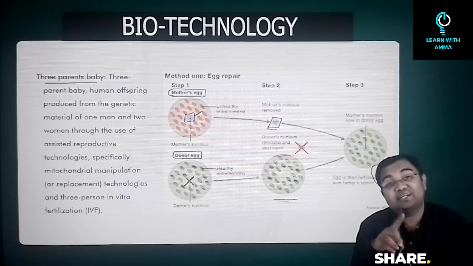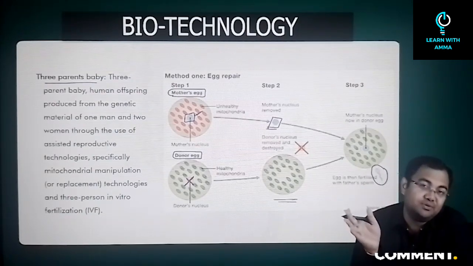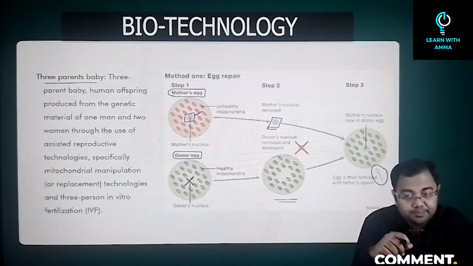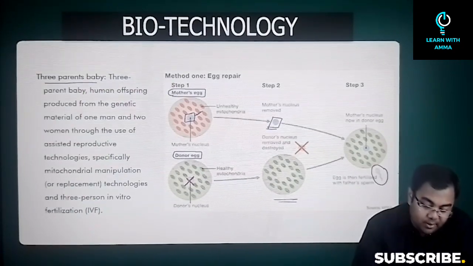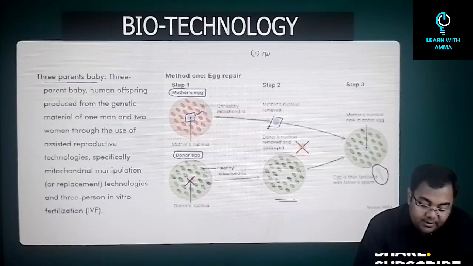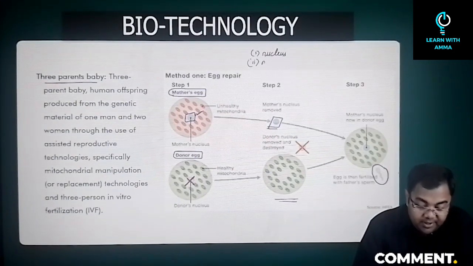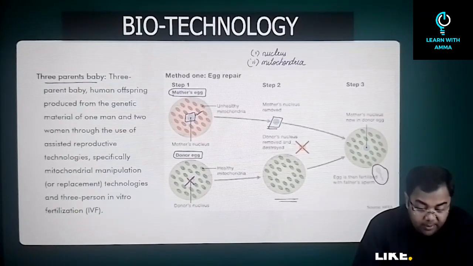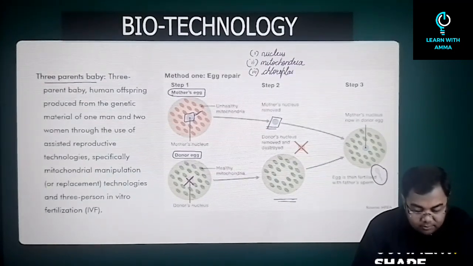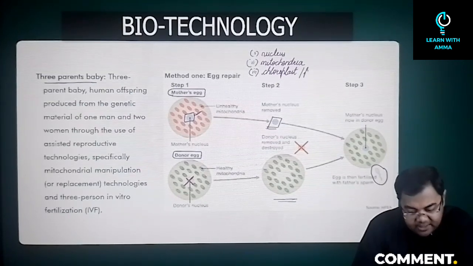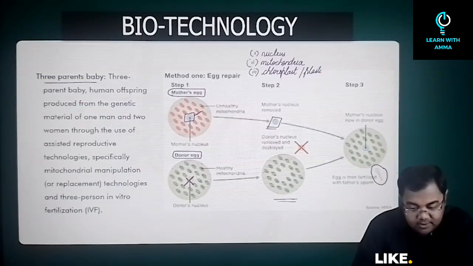Now this is another question that has come in the past, way back. I think it was the 2004 prelims examination when this question was asked. There were three options given. One was nucleus, second was mitochondria, and if I'm not wrong, I could be wrong here, the third one was either chloroplast or they had asked about plastids in general.